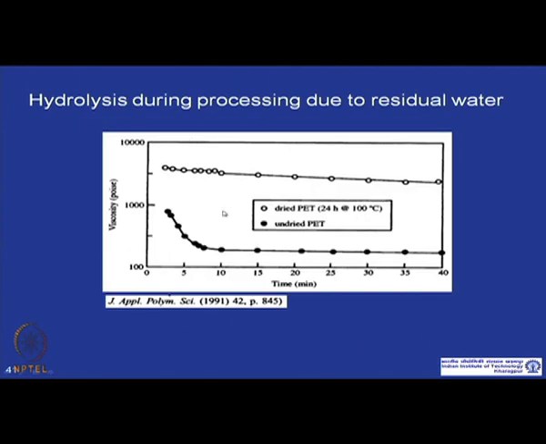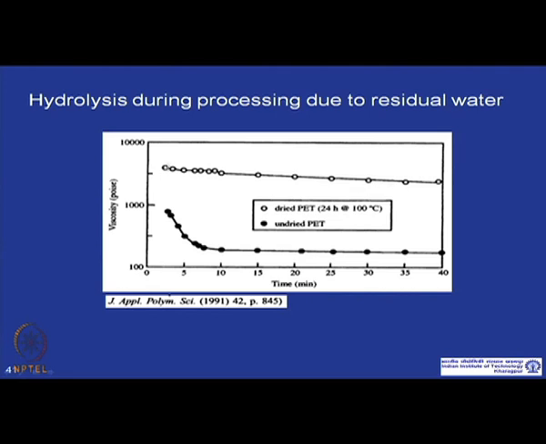This is one example of the hydrolysis happening during the processing condition at higher temperature and higher shear rate. This is for a polyethylene terephthalate which has been dried at 100 degrees centigrade for 24 hours. That means the moisture content in this polyethylene terephthalate sample is very low. So, during processing the hydrolysis is less.